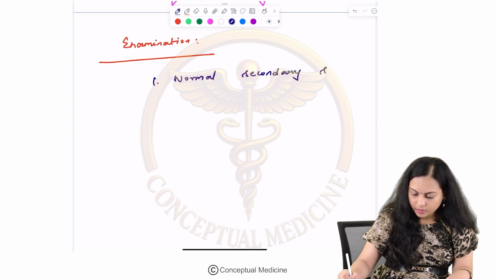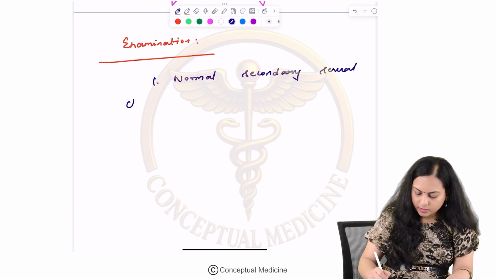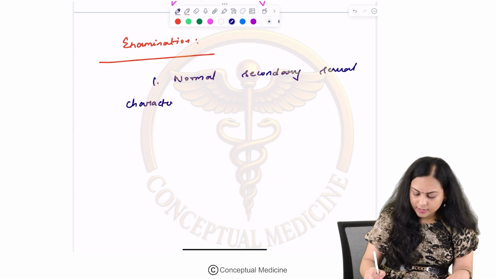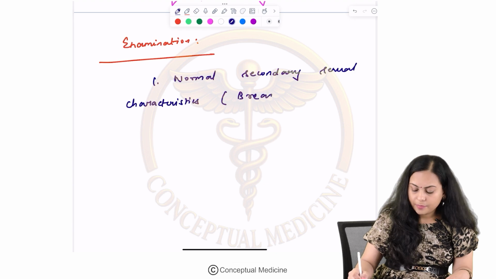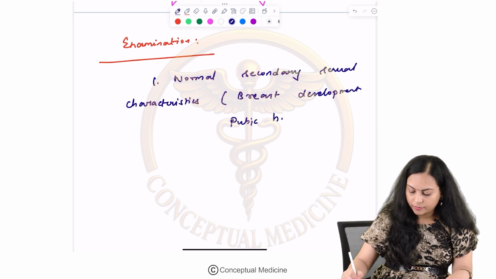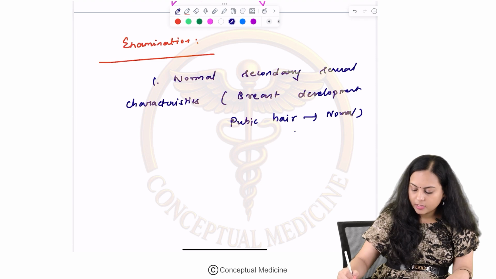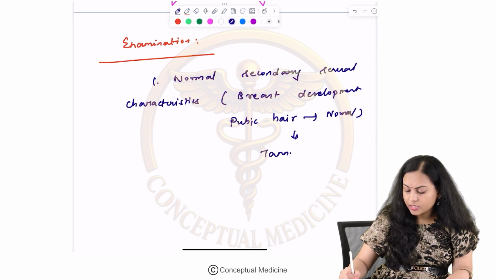Clear? So while you do examination of this woman, as I told you, you have normal secondary sexual characteristics. Okay, so the breast development, pubic hair development, everything is going to be normal, and they will even reach Tanner stage 5.